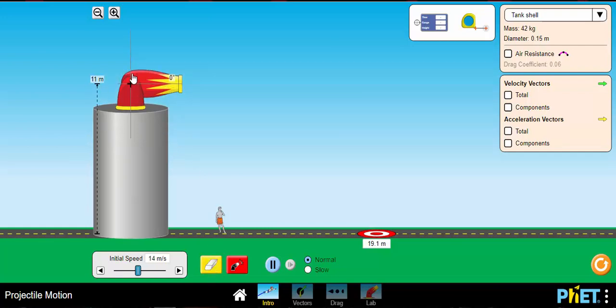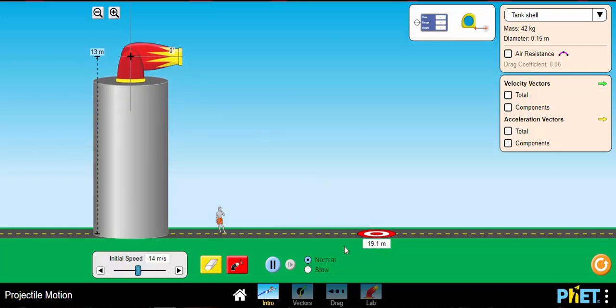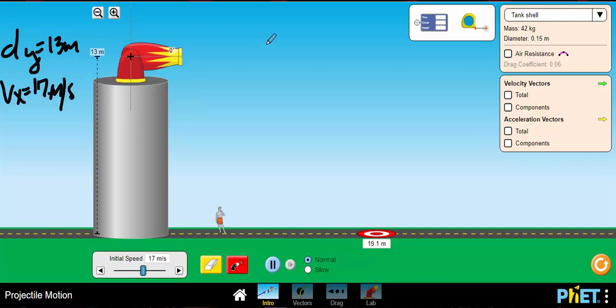So let's move this up to 13 meters, and let's give it a speed of, let's see, if I get it too fast, let's go to 17 meters per second. So now I have a y distance of 13 meters, and I have an x velocity of 17 meters per second.